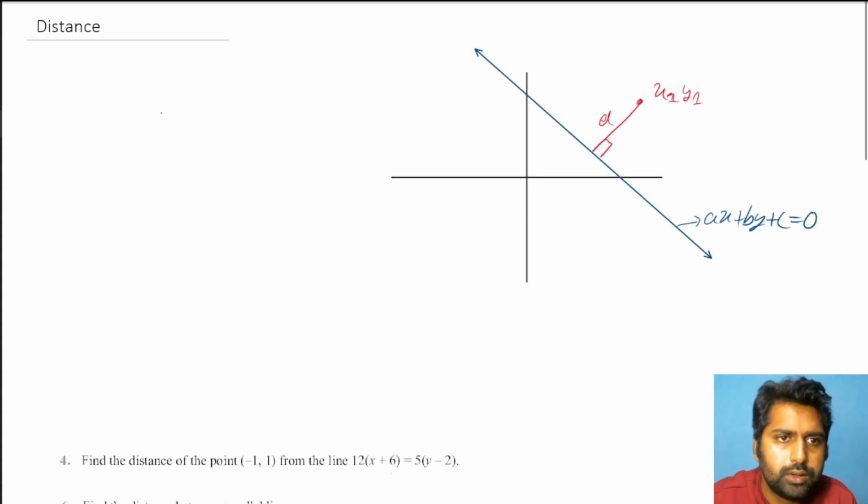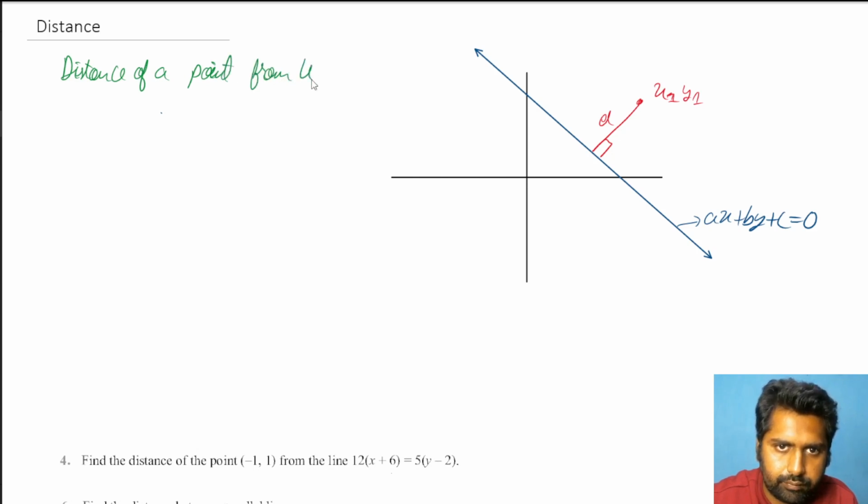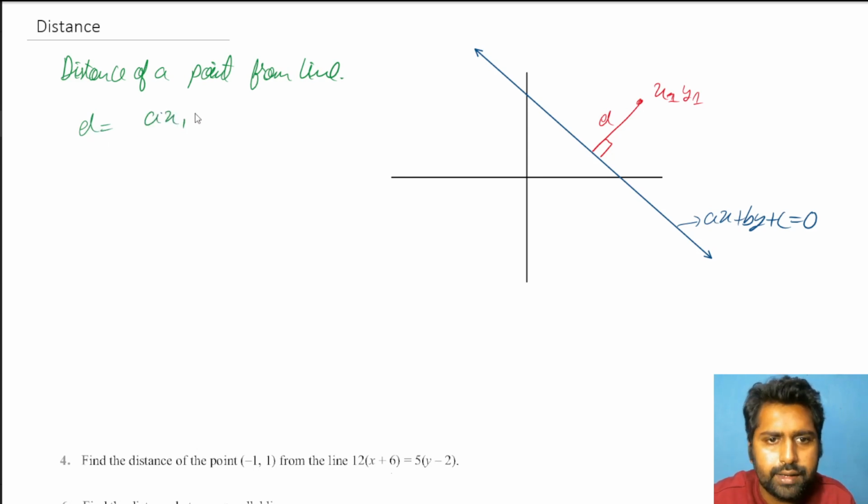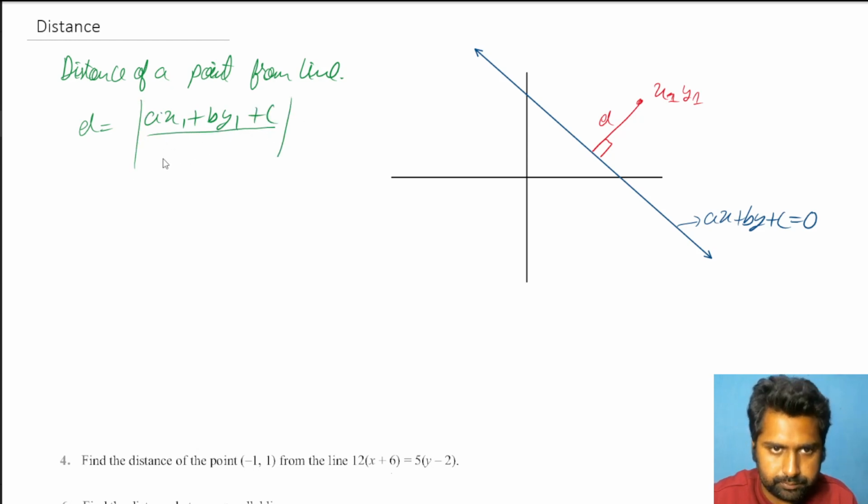Okay, in this scenario we are talking about the distance of a point from a line, and the formula is d is equal to modulus of ax1 plus by1 plus c, upon square root of a square plus b square.